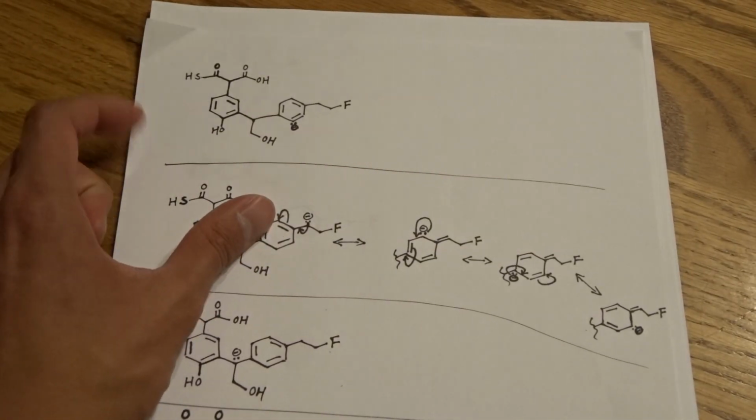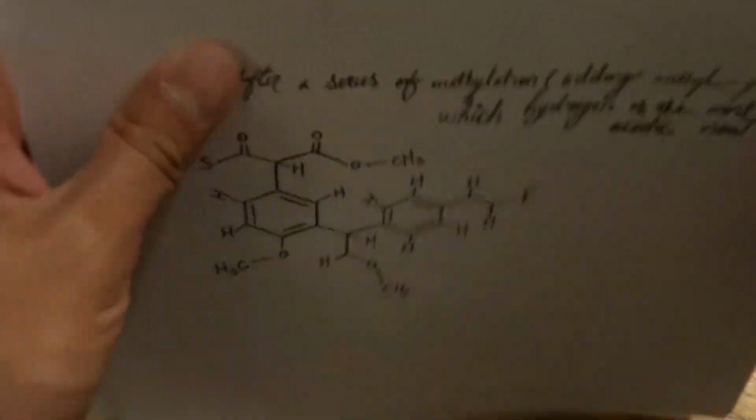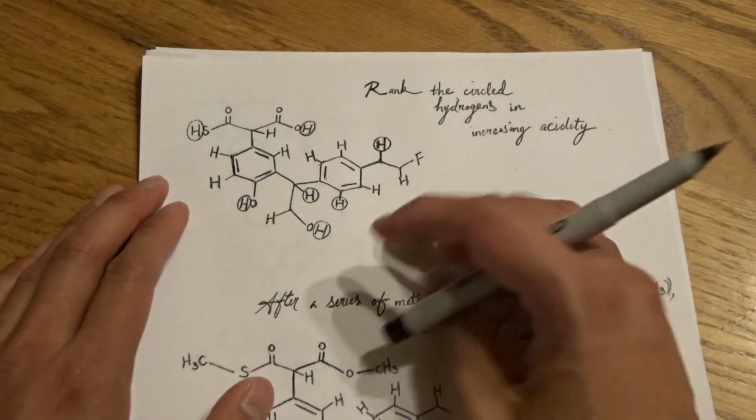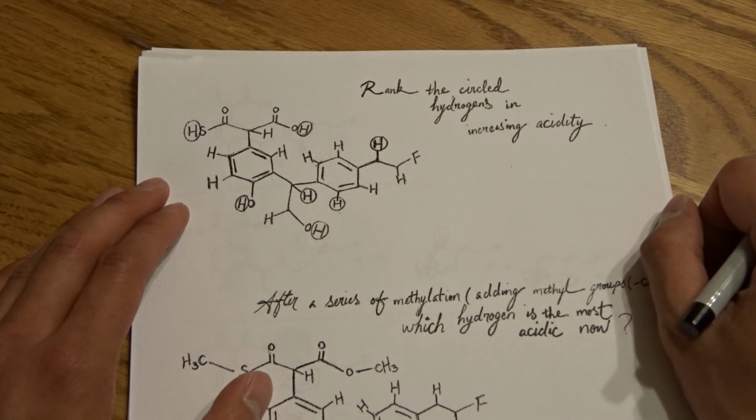Alright, so that's done. Alright, so moving on, the next problem is this one. I have a molecule here, a giant molecule with some circled hydrogens, and I want you to rank the circled hydrogens in their increasing acidity.